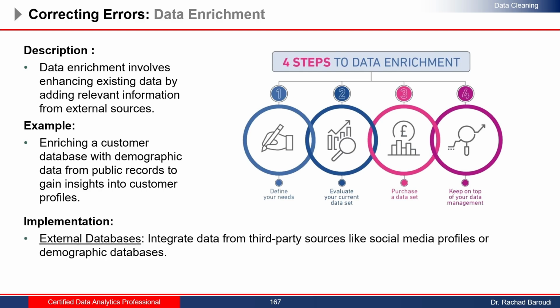So how to implement this one? External databases: integrate data from third-party sources like social media profiles, for example, or demographic databases that you can buy. This is very temporary because eventually, over time, you still need to do this again. So the best is to use the API, which is a software link between systems, to directly fetch the additional information in real time.